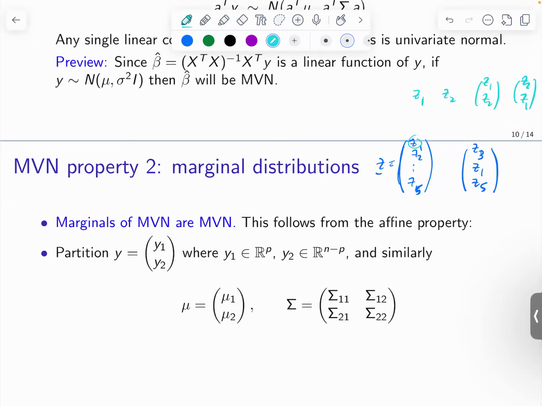The key here is that this random vector is also going to have a multivariate normal distribution. So any subset of elements that you pick and form into a new vector gives you a new random vector that will also have a multivariate normal distribution.